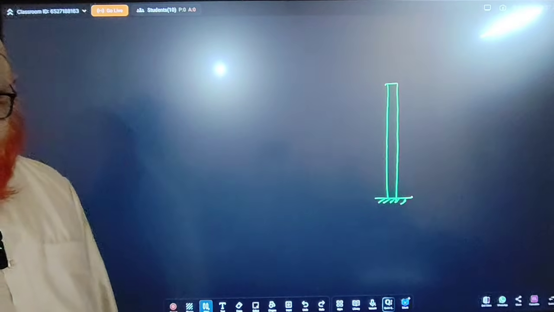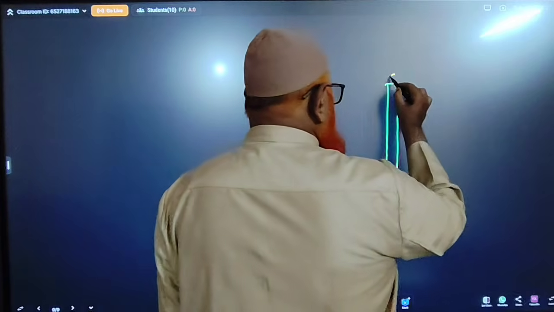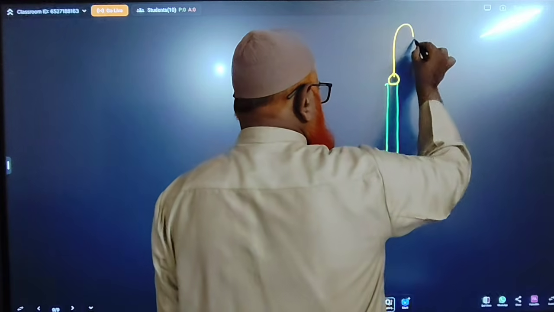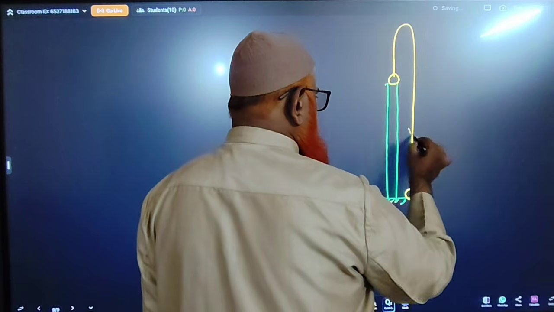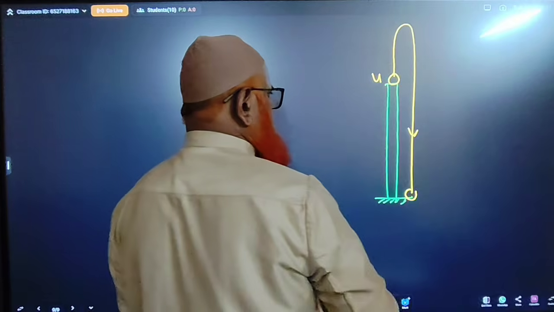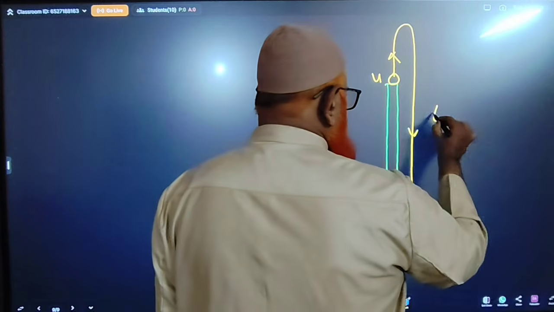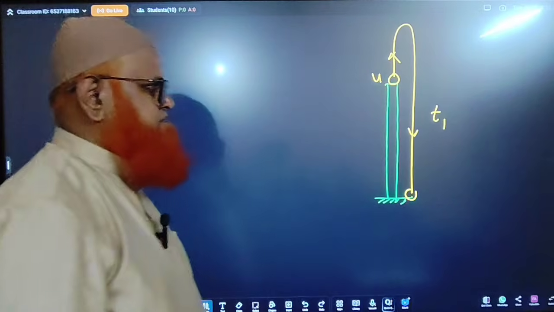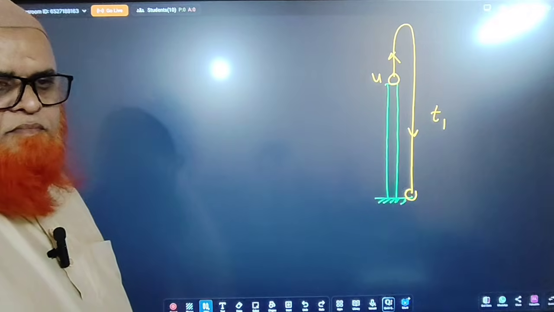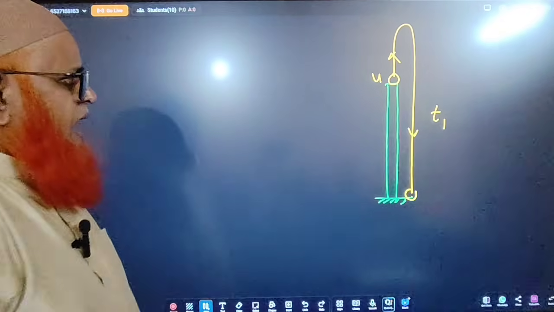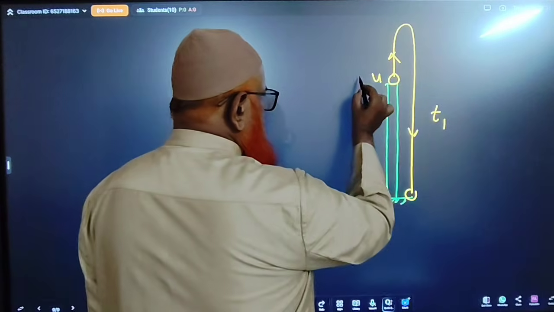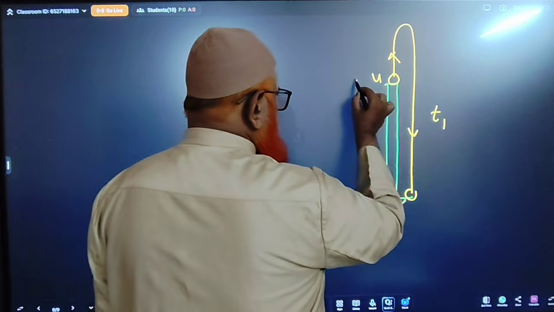There was a tower. The first thing is a ball was thrown upwards. Then the ball will strike down. You are throwing a ball with initial velocity u upwards. This is the first situation where time taken is t1. And the second situation is, this is the first ball and the second ball.